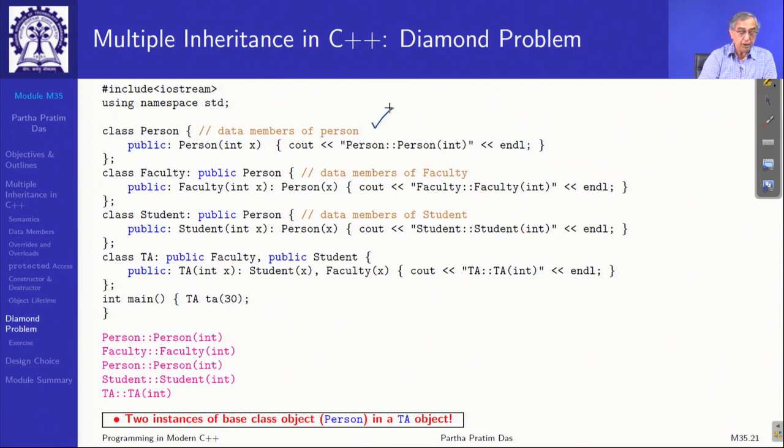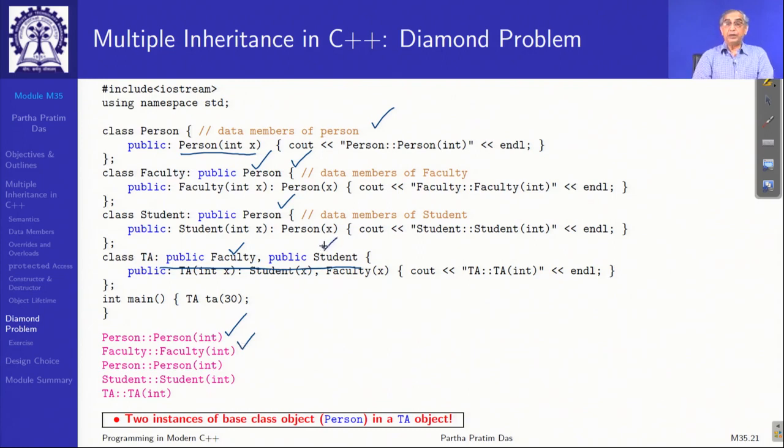So, you have a person which has a parameterized constructor, you have derived faculty and student from that, and you derive T A from faculty and student, and just put cout in the constructors, so that you know what is getting constructed. Obviously, faculty will have to get constructed first. For the faculty, person will have to get constructed. So, person gets constructed, faculty gets constructed.